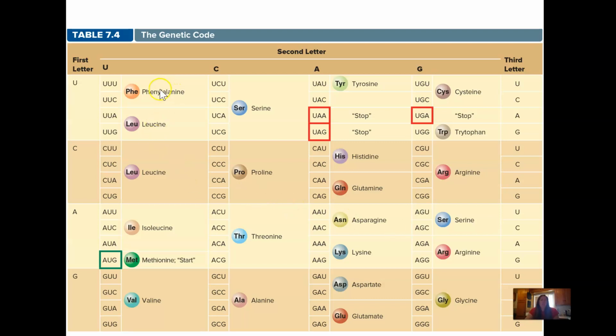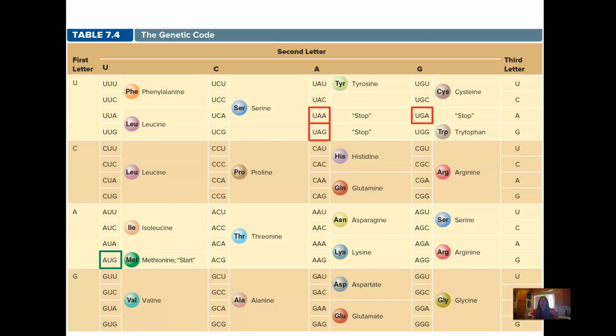You can see them all here: phenylalanine, leucine, isoleucine, methionine, valine, alanine, and so on, right? All of these amino acids ultimately make up not only us, but everyone: bacteria, ducks, dogs, octopi, the fish, every living thing on this planet has the same amino acids, and they also have the same genetic code, which I think is such a beautiful and mind-blowing idea.